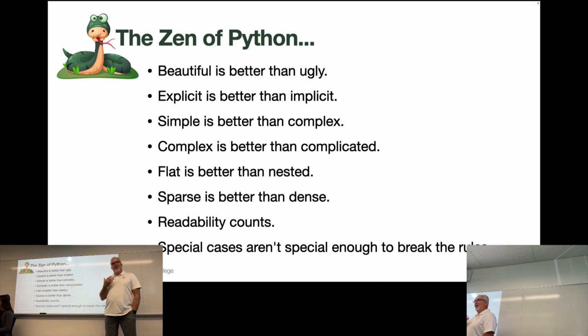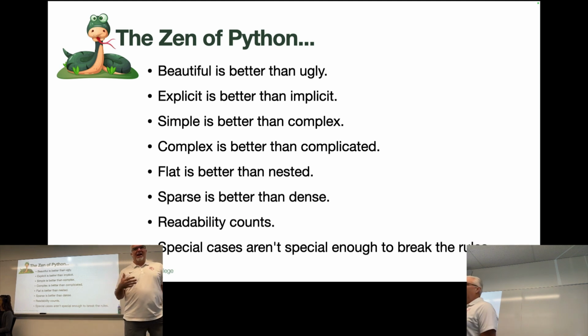Because as a computer science instructor, I can assure you I've seen some of the ugliest code ever written. I've also seen some really beautiful code. Beautiful in the sense that it is sophisticated and elegant and easy to read and easy to follow. Those are the things that make code beautiful.